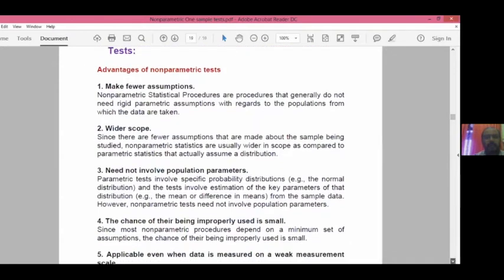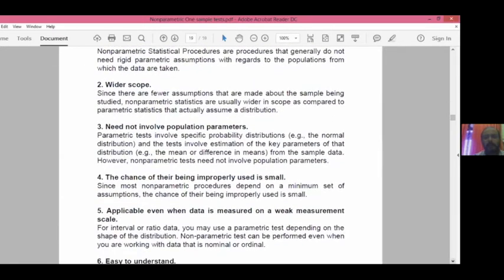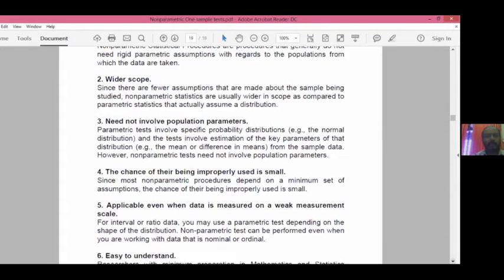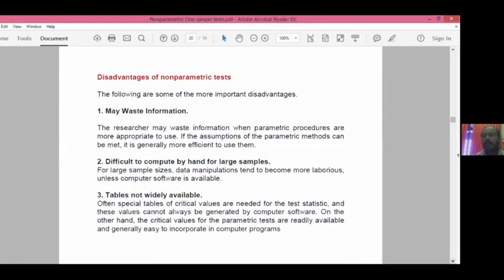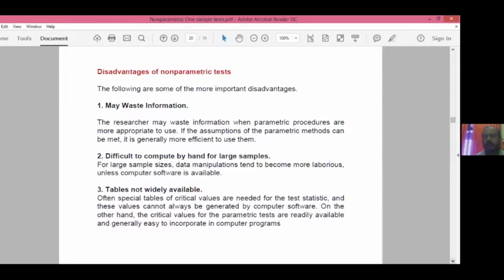The chance of their being improperly used is small, they are applicable even when data is measured on a weak measurement scale, and they are easy to understand. Computations can quickly and easily be performed. These are the advantages. The disadvantages: they may waste information, are difficult to compute by hand for large samples, and tables are not widely available. So these are the disadvantages of this method.